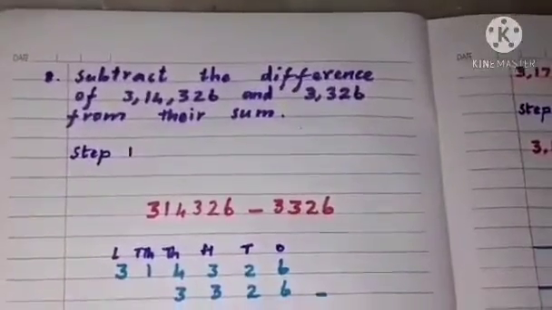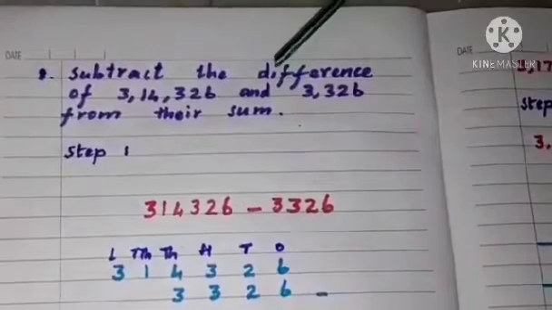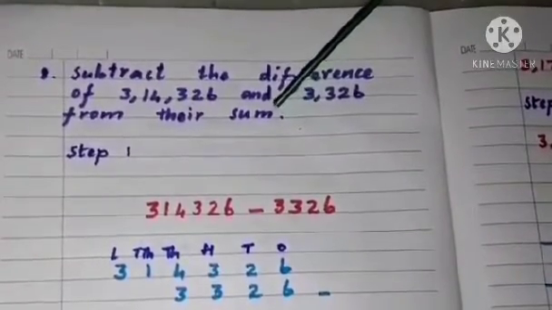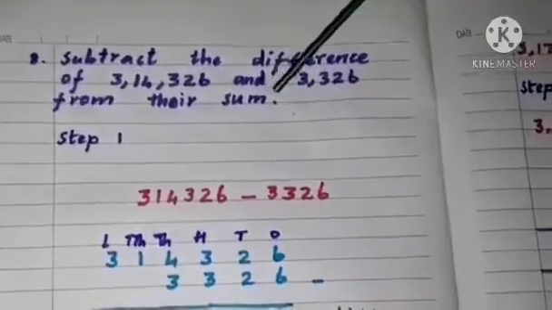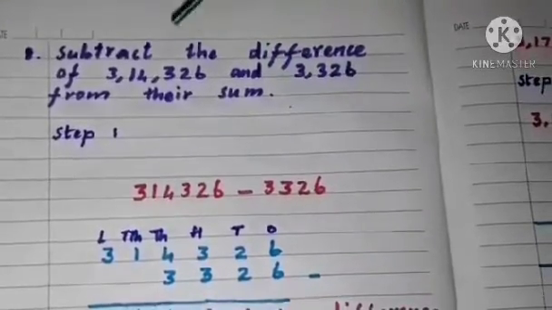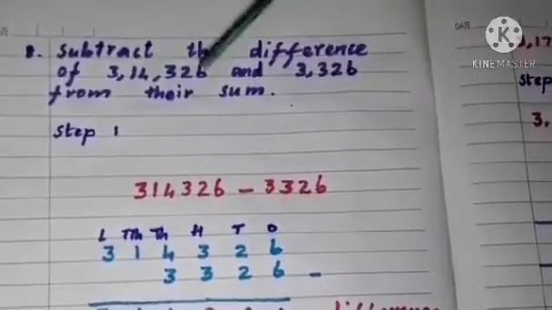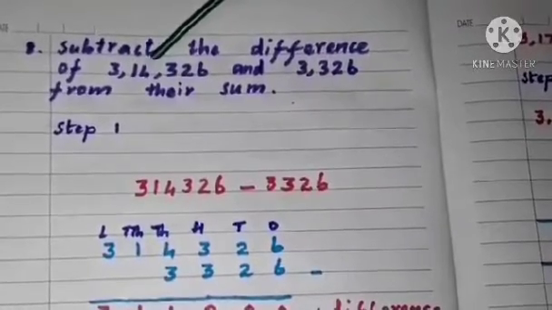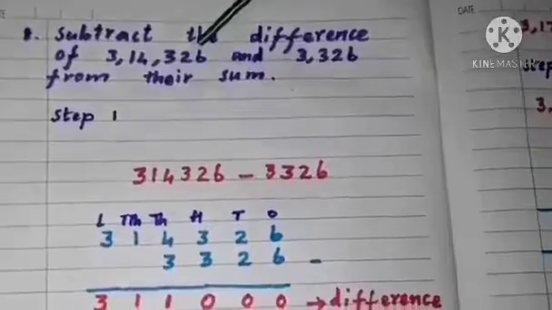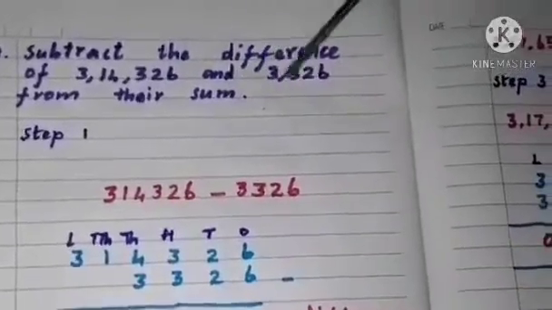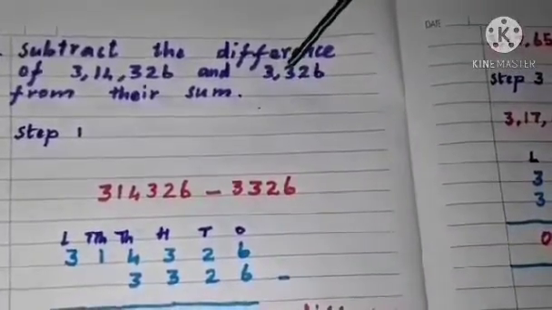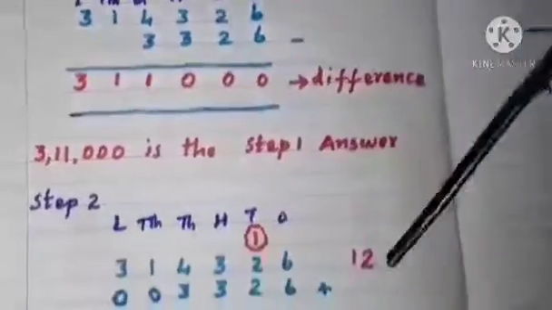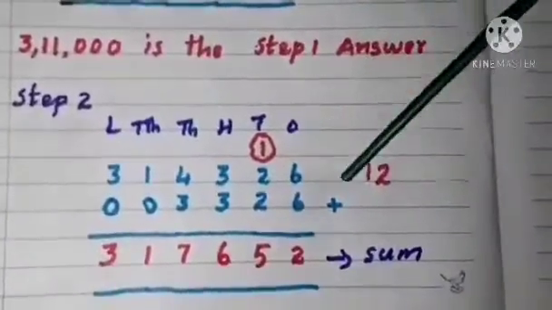Look at the question again. Here we have another keyword, sum. That is, we have to add these two numbers. That is 3,14,326 and 3,326. Now we have to add these two values.